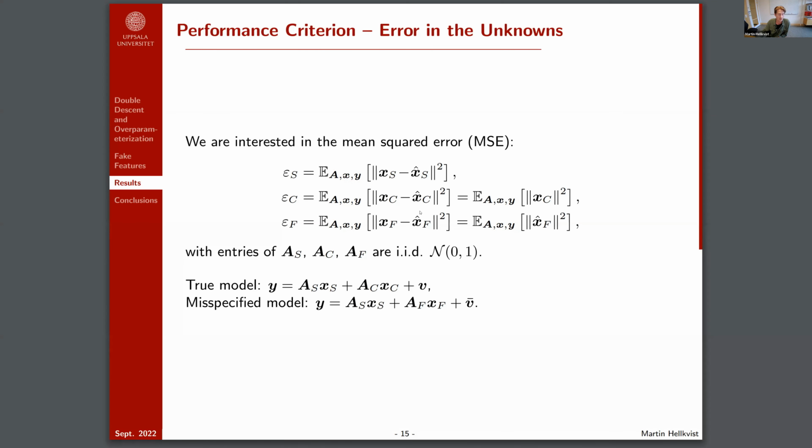As you see, with our misspecified estimator, we leave out XC because we don't have any information of it. So X hat C will just be set to 0 here. So the error will be just the power in XC. And in XF, there's actually no true underlying value for it. So it ends up just being the power of the estimate that we put into it under a misspecified model.